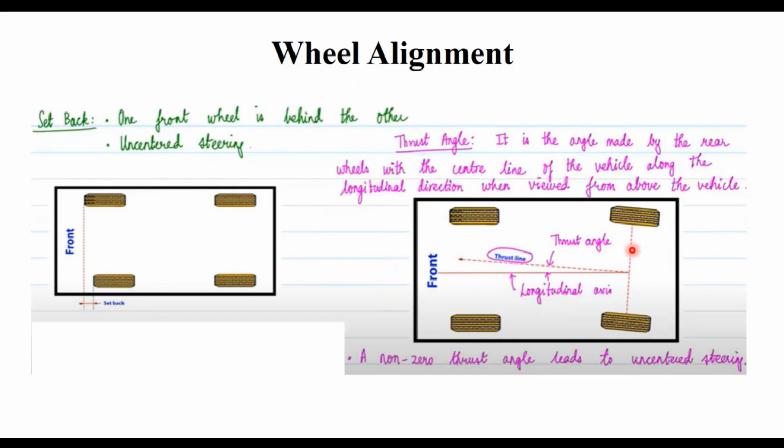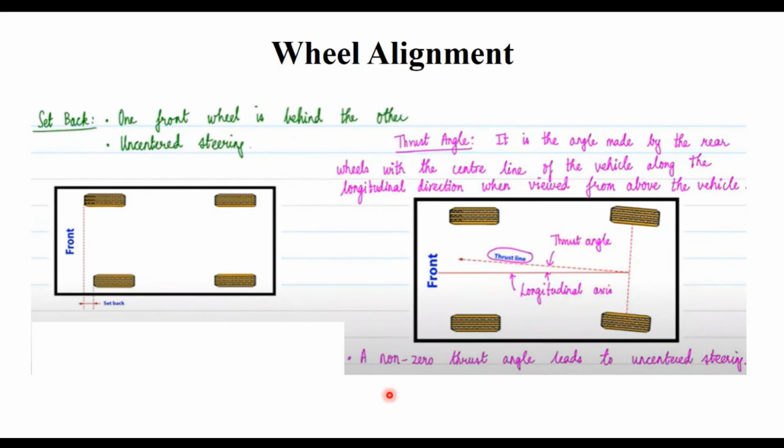As it is getting towards the right direction, the longitudinal axis remains the same, but the center line gets shifted, and you call this the thrust line, and the angle between the thrust line and the longitudinal axis you call a thrust angle.